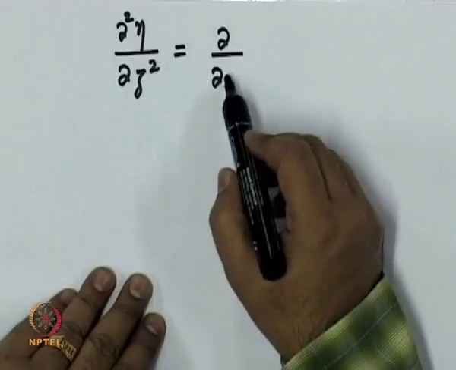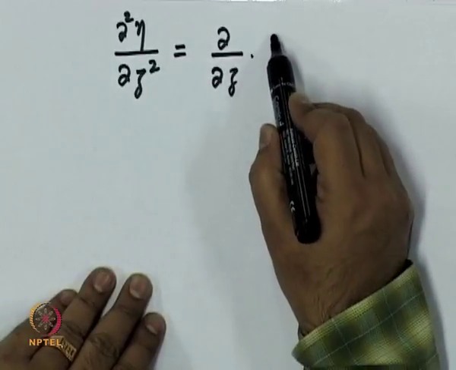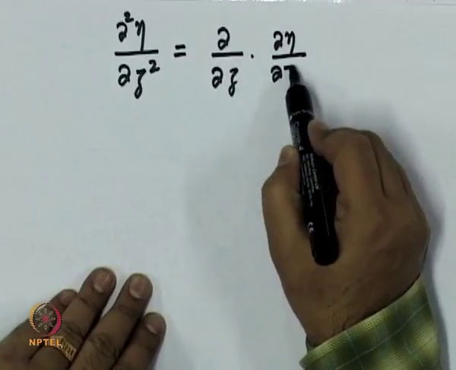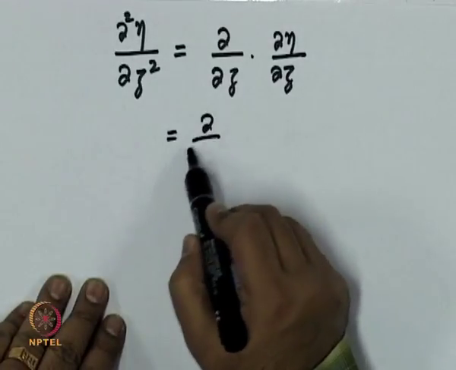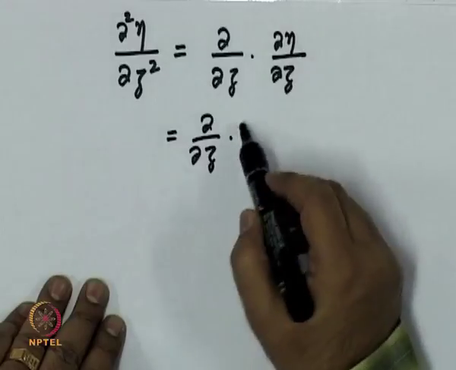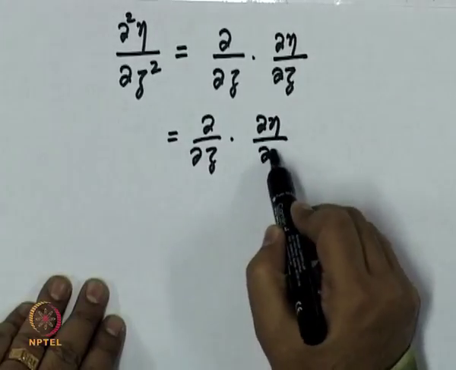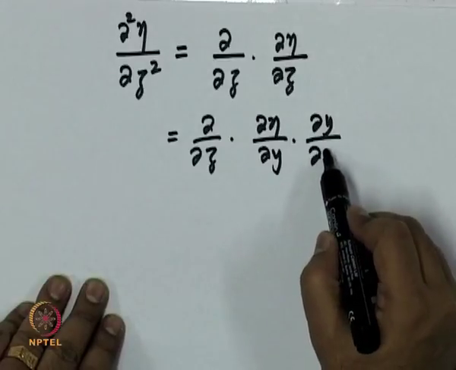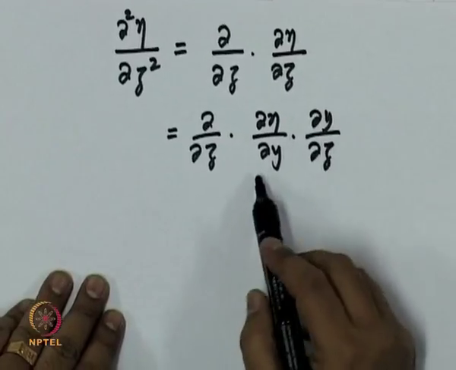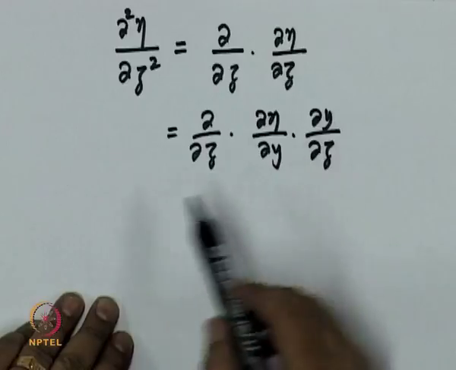So, let us first split it: ∂/∂z of ∂η/∂z. Let me keep this ∂/∂z, and this I am going to write as ∂η/∂y and ∂y/∂z.